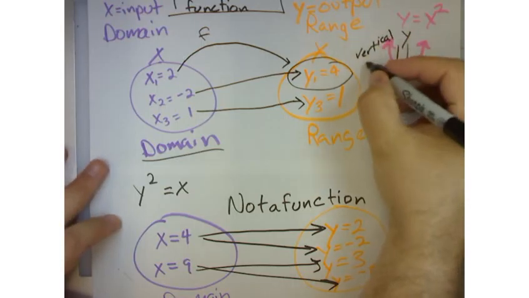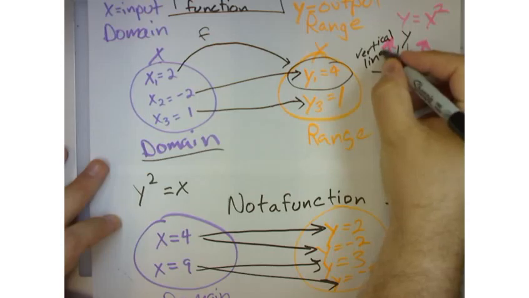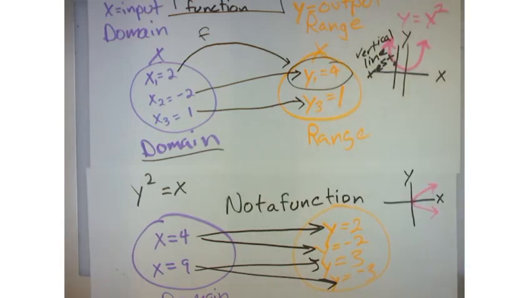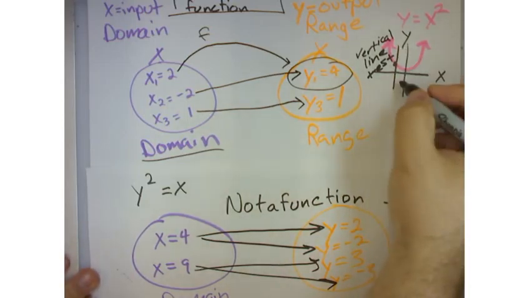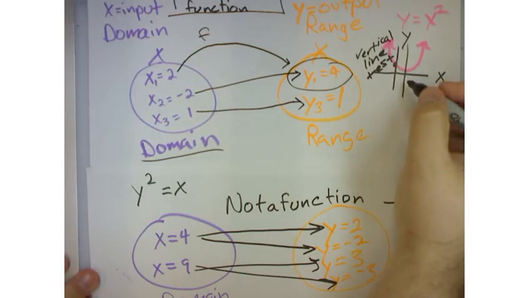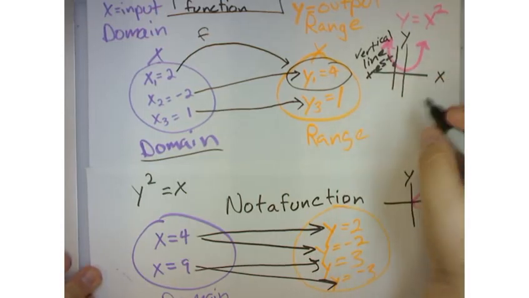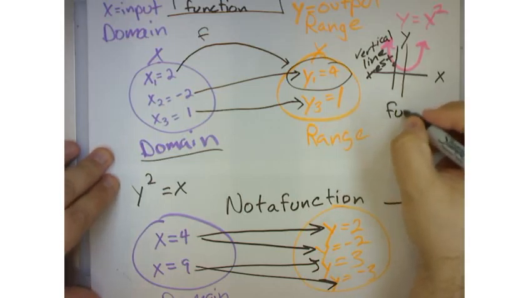What the vertical line test is that if I draw a vertical line, it only intersects one time on a function. There's only one intersection. So by dropping a vertical line through the function at any point on the function, across the domain of the function, if it only intersects one time, then we could say that it is a function.